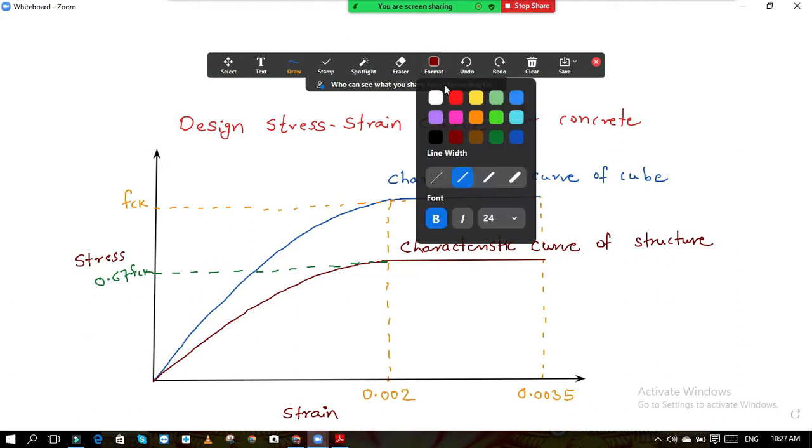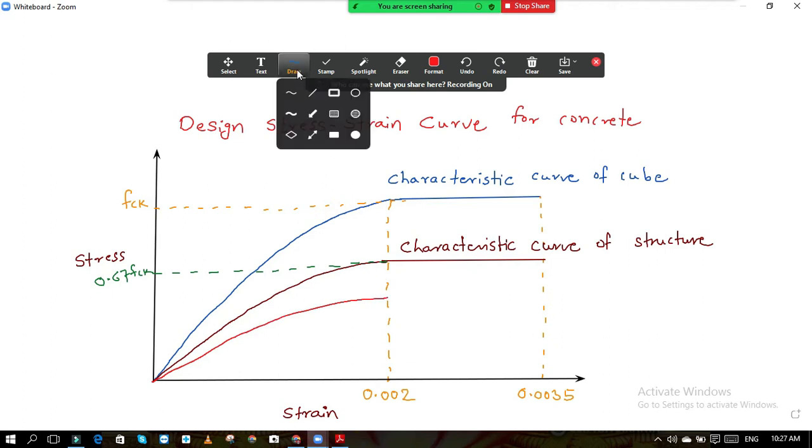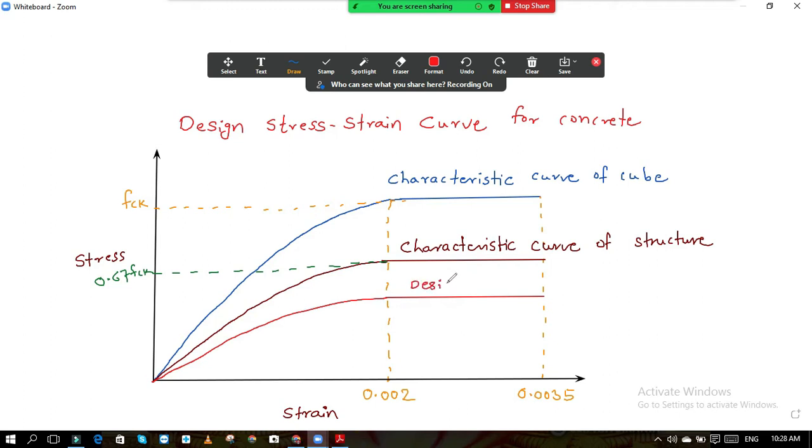Now further, if I draw the design curve, the design curve will be like this, up to this point, and from here it is a straight line. So this is our design curve, and this curve is used for the design.